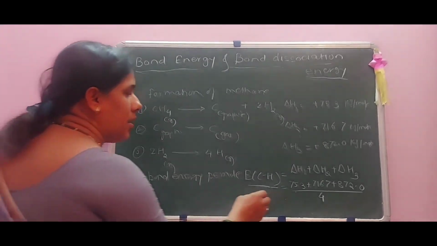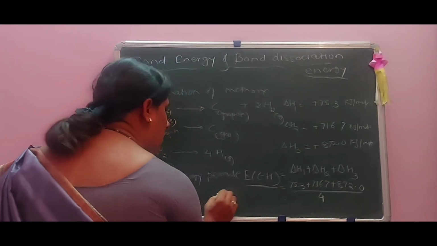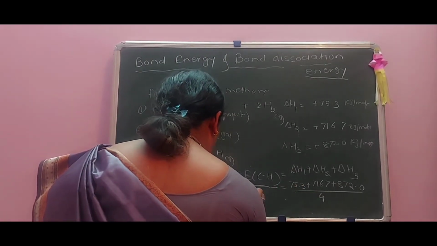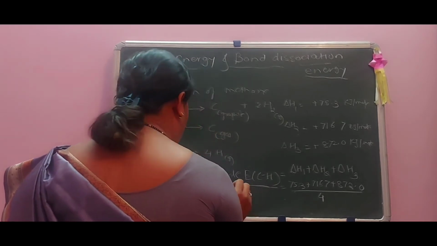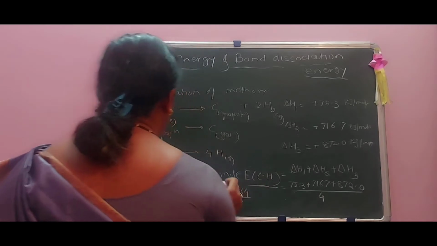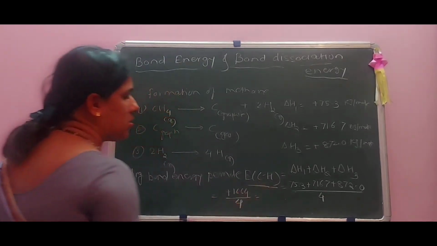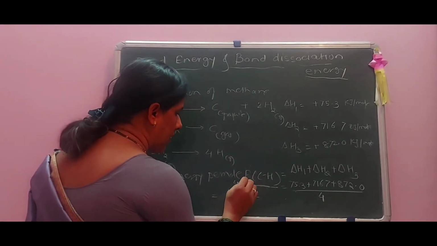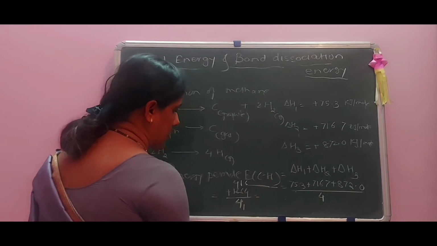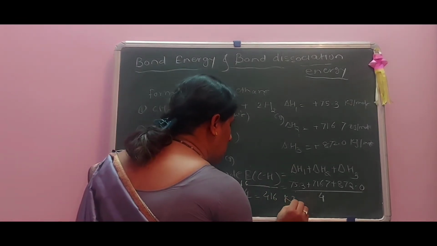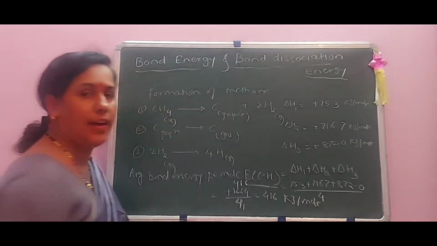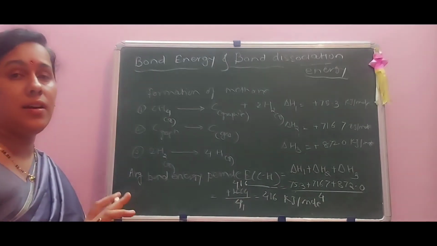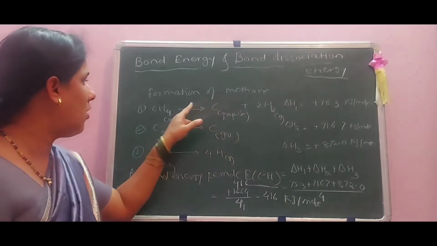Therefore we divide by 4, and that is 1664 divided by 4. That is 416 kilojoule per mole of the energy. Now we have to take only the enthalpy change, not a reaction.